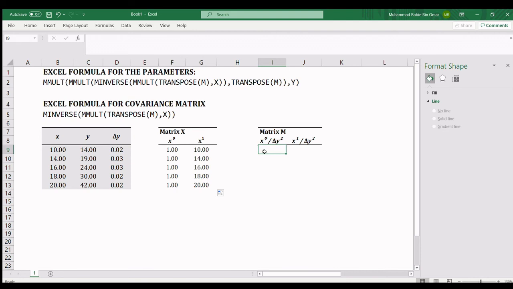Next, we move our focus to matrix M. So evaluating the first element of matrix M, which is simply the element of matrix X divided by the error of y to the power of 2. And then we proceed building matrix M by dragging the first row until the end of our measurement data.